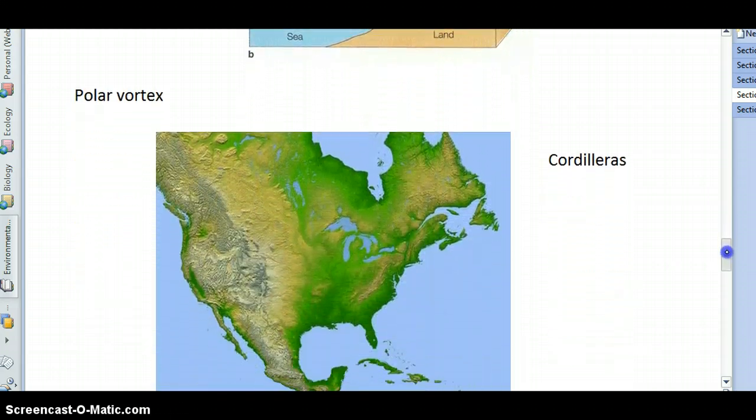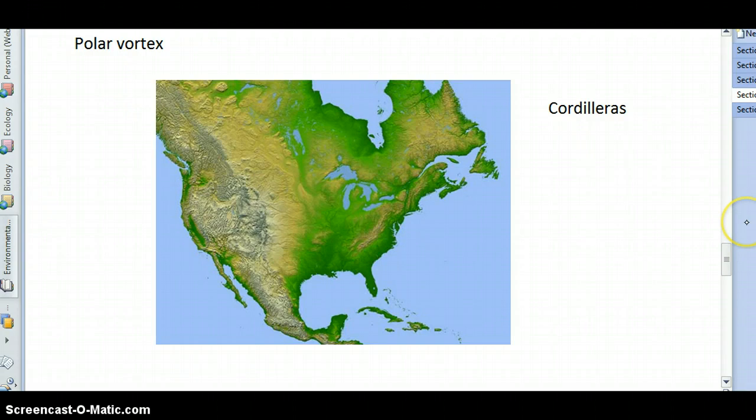Cordilleras are walls or ranges of mountain, and they can influence weather patterns, climate patterns to a certain extent. So, in regards to the polar vortex, you have this jet stream that we talked about, and essentially when it develops and the air starts moving from the Arctic down, it stays to the east of the Rocky Mountains because they essentially form a wall, you might say, that drives this air this direction as opposed to coming this way, because it's blocked by the mountains.